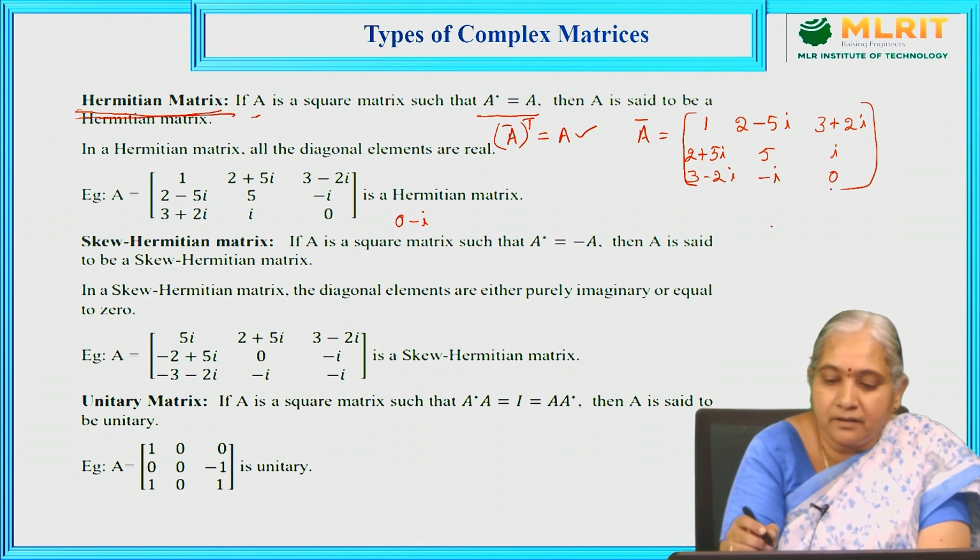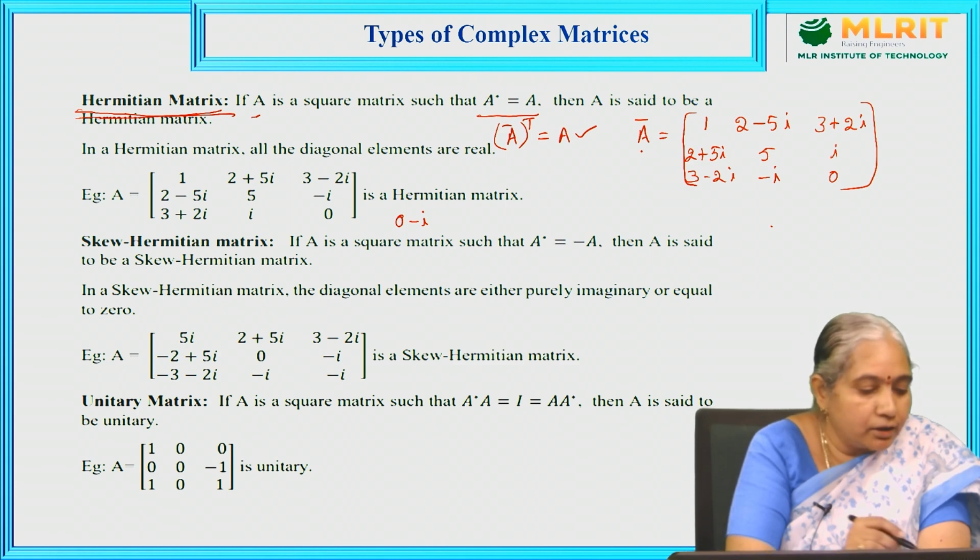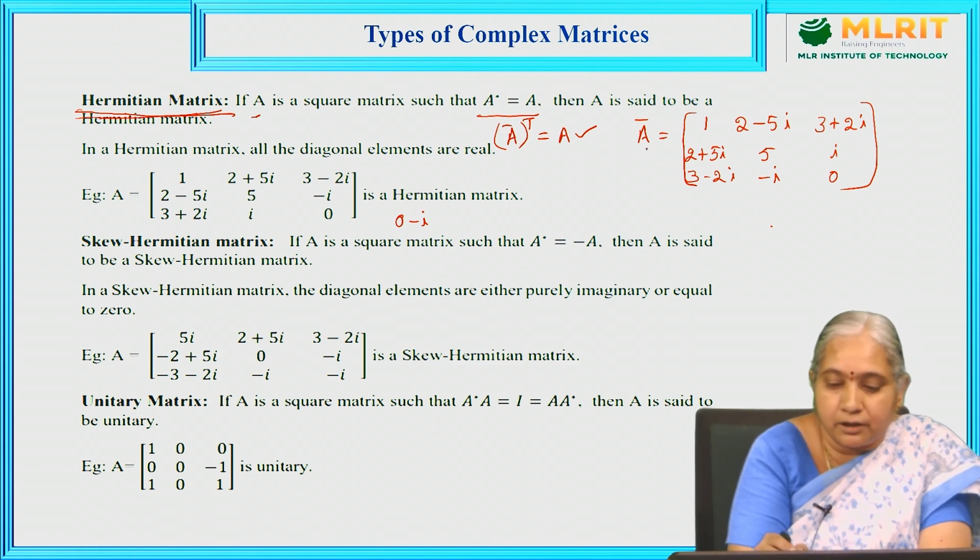So this is the conjugate of the given matrix A, and it is denoted by A bar.